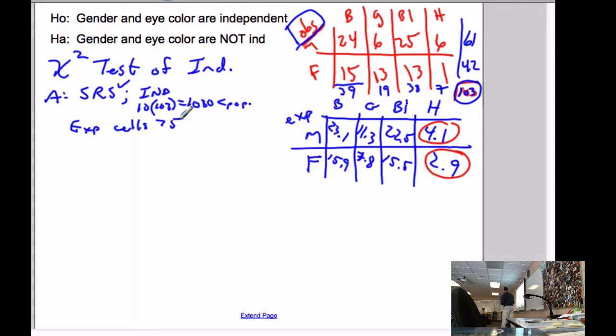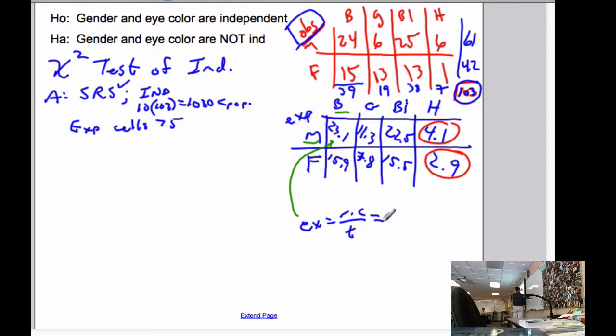Remember how to find your expected. Let's find the expected for that cell right there, male brown eyes. To find the expected cell, remember it's row total times column total divided by the total of everybody. What's the row total for that cell?